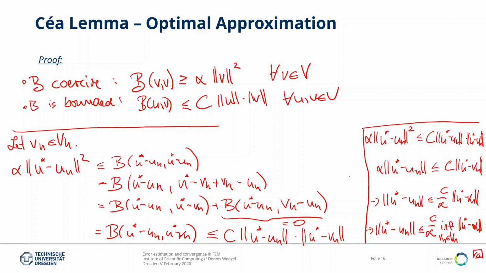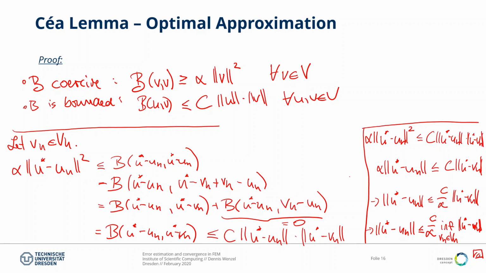I wanted to show you this because it is actually pretty instructive, in the sense that we have derived this Galerkin orthogonality in a straightforward way, which is kind of cool. And then we have used those properties of coercivity and boundedness to simply combine everything such that we get our result in the end.